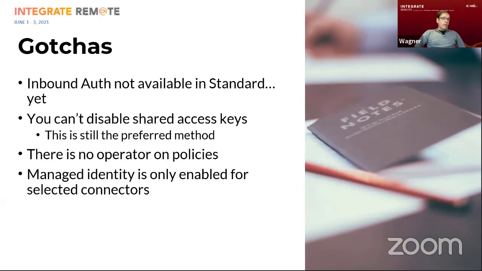There's another thing: there is no operator on those policies. You always saw there was issuer is this value and app ID is this value, right? So if you wanted to do something like, does my list of claims contain this particular row, you're better off pushing that kind of stuff to API management and then guaranteeing that your API management is the only thing that can talk to Logic Apps.